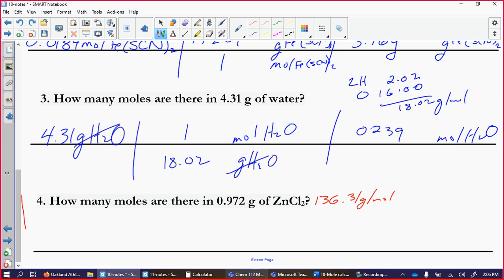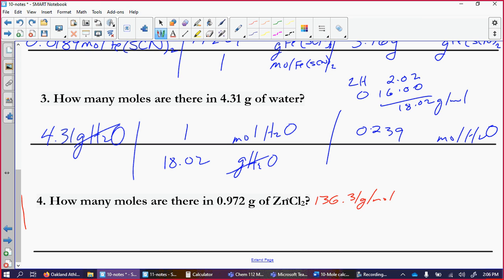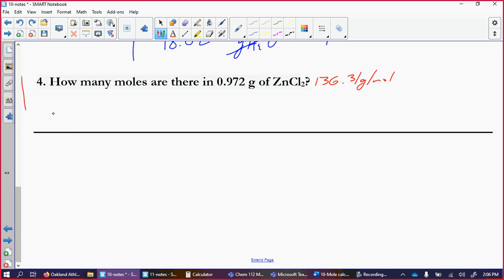Let's see, did we pick up anybody else? Oh, we've added, I think Caitlin's the new one. Zinc chloride going from grams to moles, 0.972 grams. Zinc chloride, want to get rid of grams.